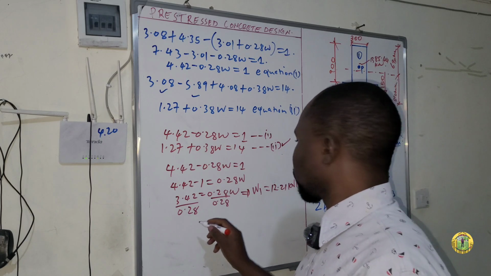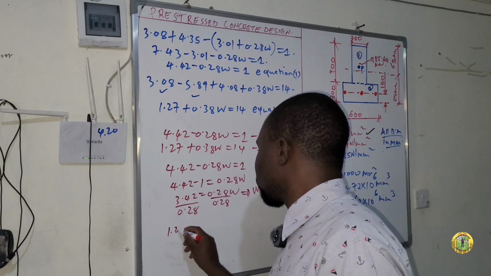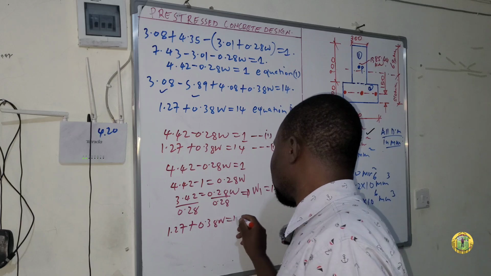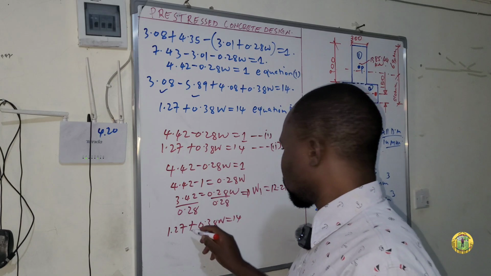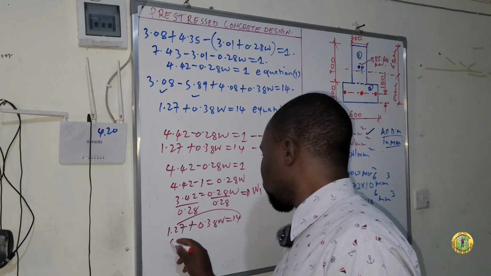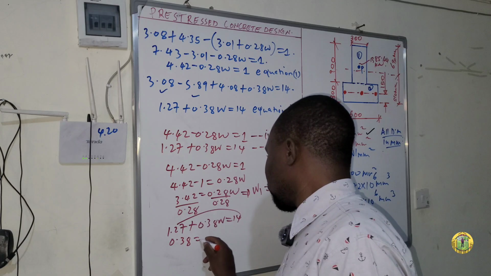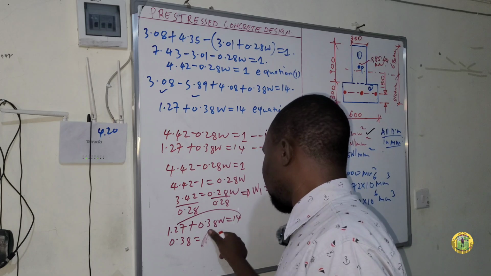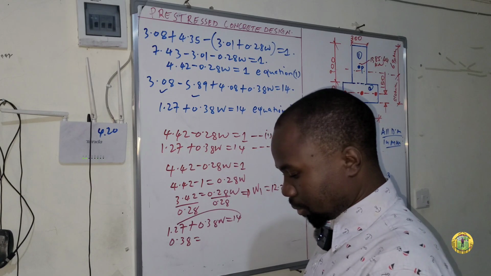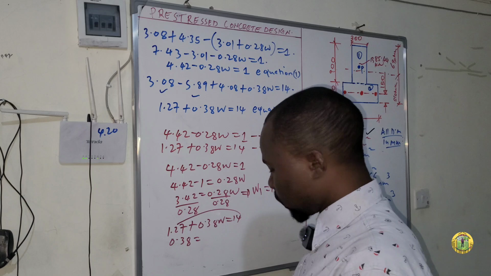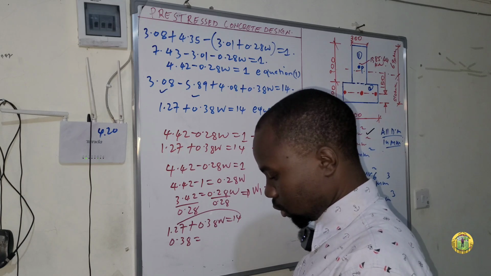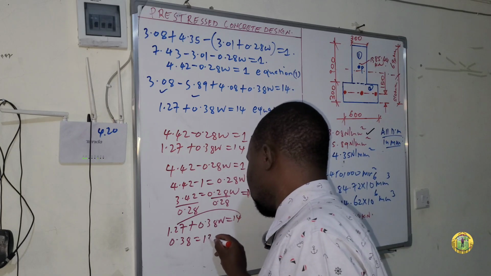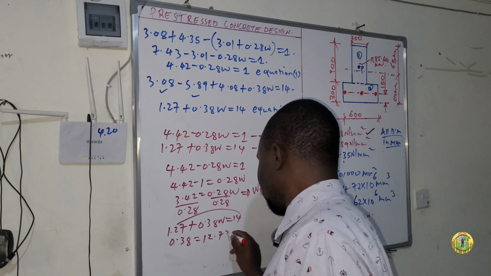And then for the second one, you can also do the same. So we have 1.27 plus 0.38 W is equal to 14. Let's just subtract directly: 14 minus 1.27, you get 12.73.